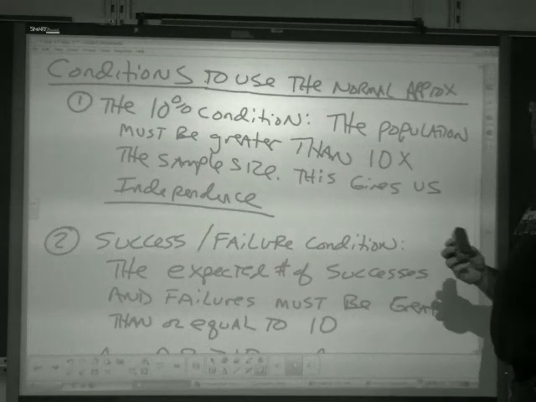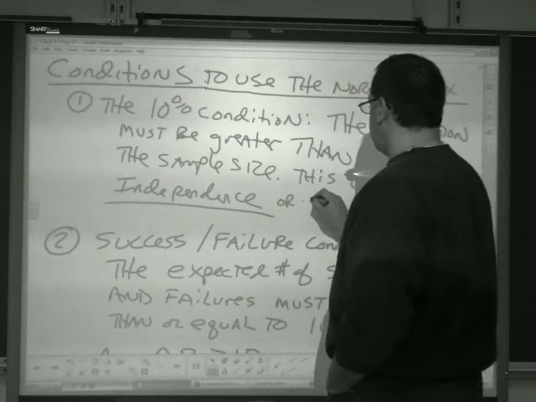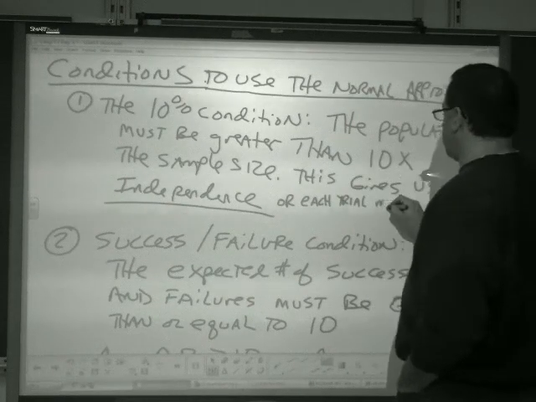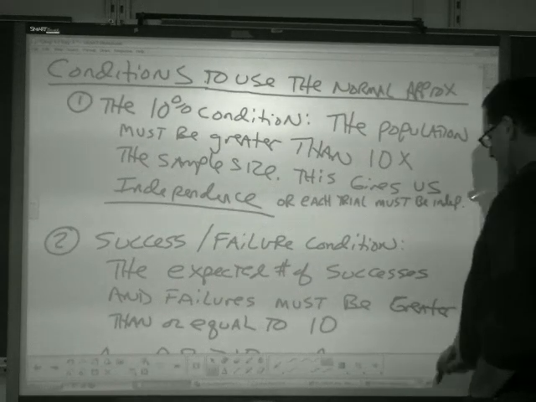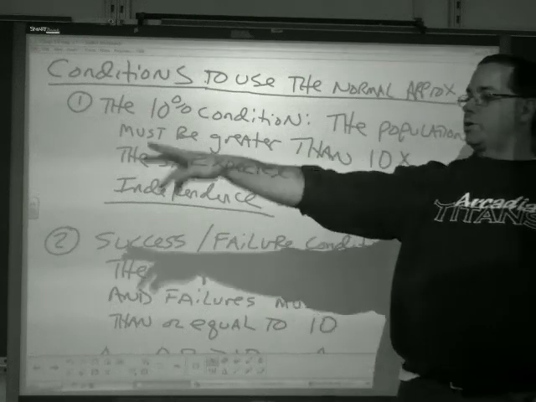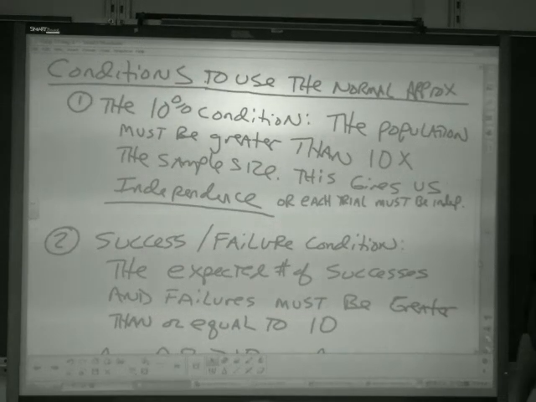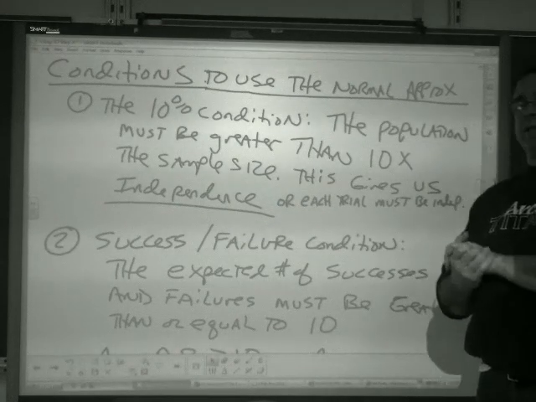This will give us independence in the problem. Or each trial must be independent. When we're shooting the eraser, each trial is independent, we meet this condition. Otherwise, what we're pulling from has to be big enough to meet the condition.